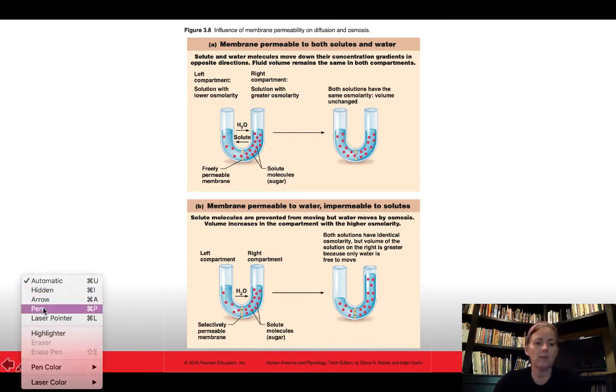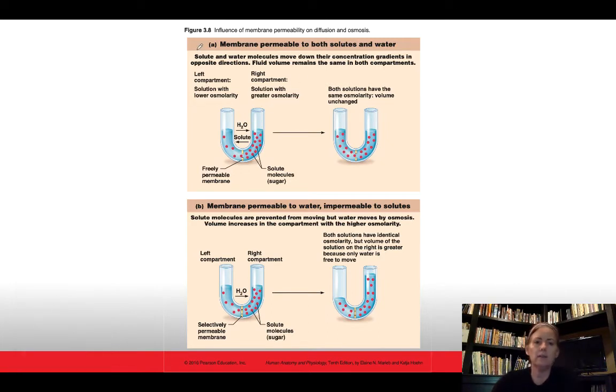And so what we have here is basically, in this first scenario, we're looking at two different containers that are linked together with a membrane between the two that is permeable to both solutes and water. So we have free movement going from side to side.